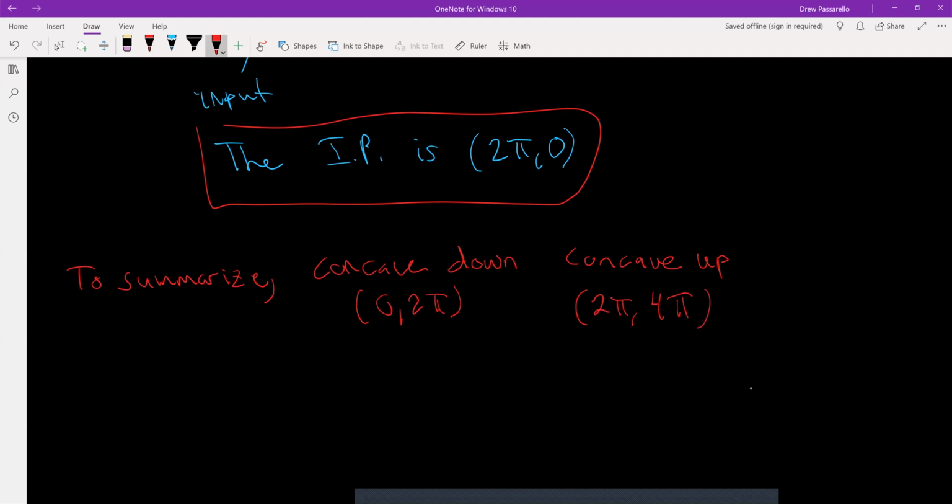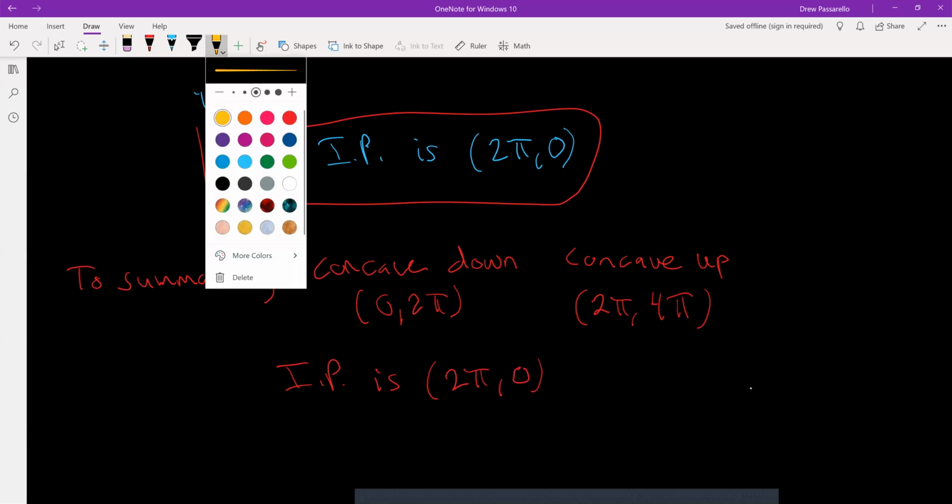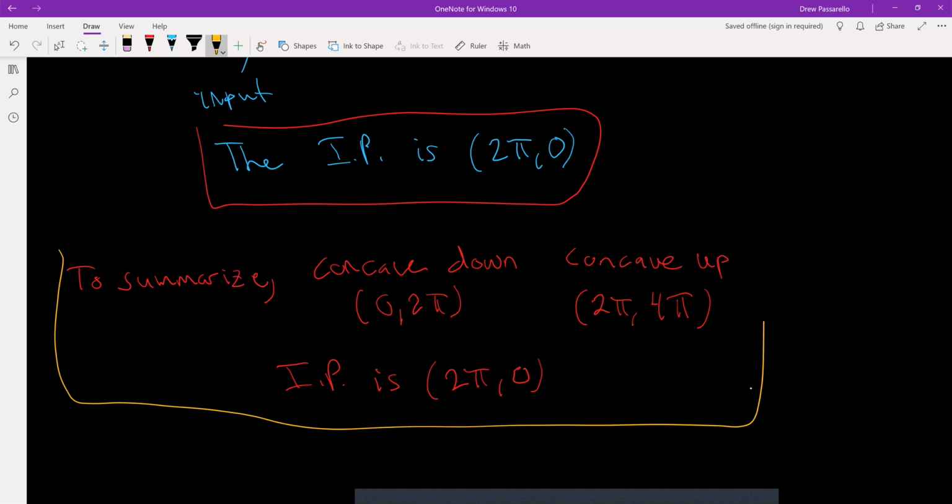And then our inflection point was 2 pi comma 0. All right, so that's the answer to this. In the next video, I will apply the second derivative test, which is a completely different thing than finding inflection points.